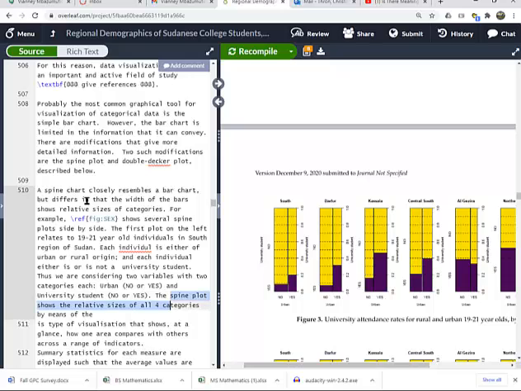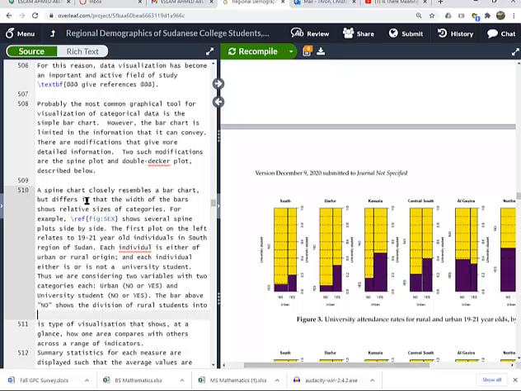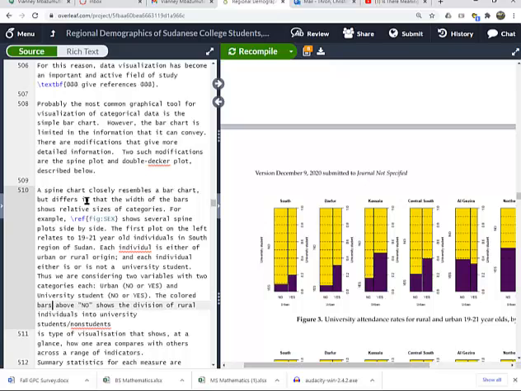We can say the bar above no shows the division of rural individuals into university students and non-students.